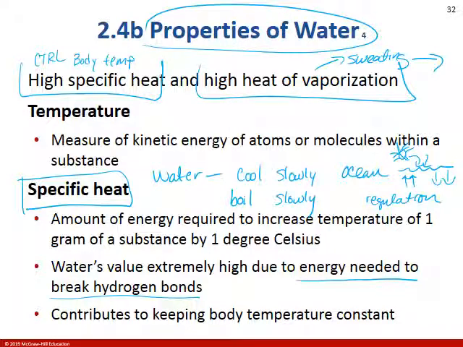Do you want the oceans to be boiling at noon and frozen solid overnight? No, probably not. Probably the same with our body, right? We don't want all the water to be boiling one second if we step outside and it's 110 degrees outside, right? So this high specific heat allows for more regulation and more control in keeping a regulated body temperature.